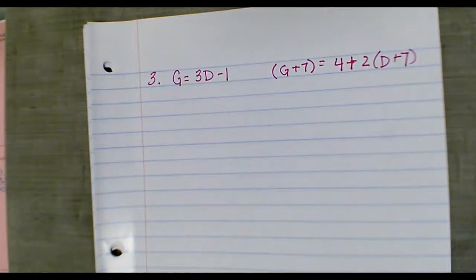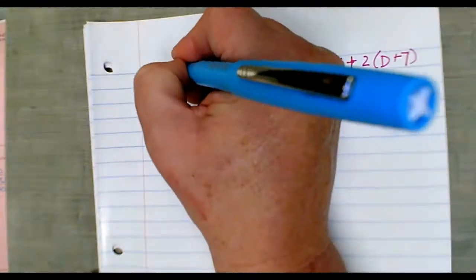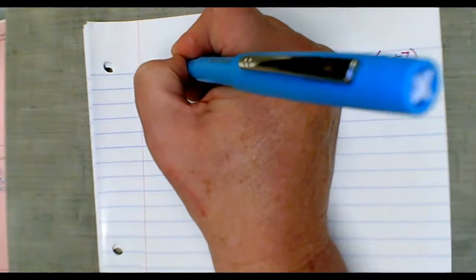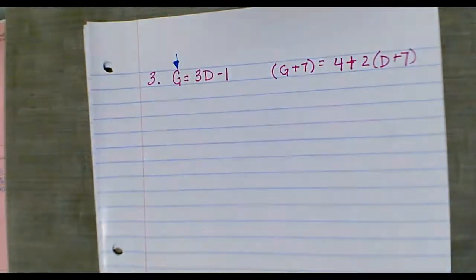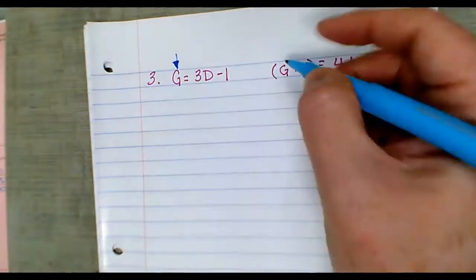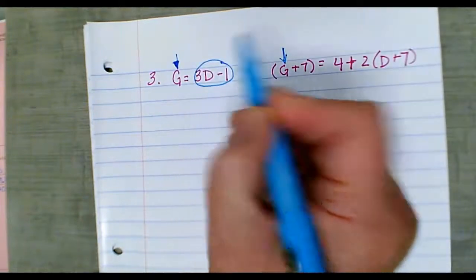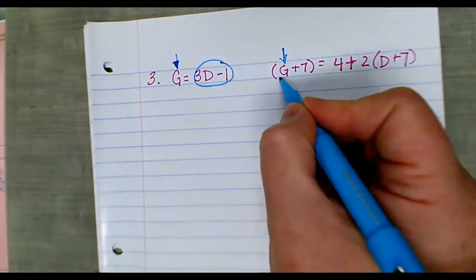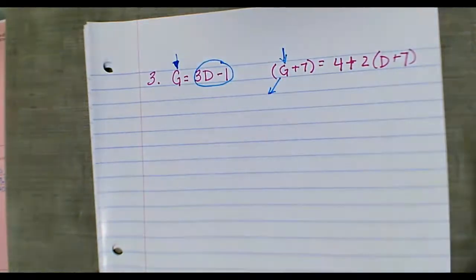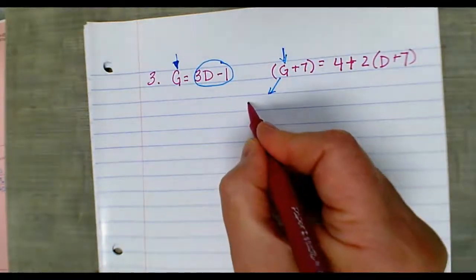So, this is already solved for G, so substitution will be the best choice. In place of this G, I'm going to put this part right here that is equal to G. I'm going to start it over here a little bit to give myself more room.